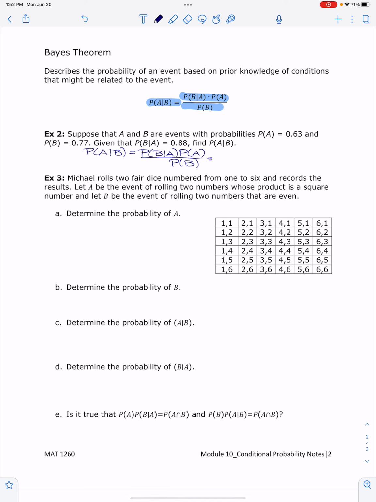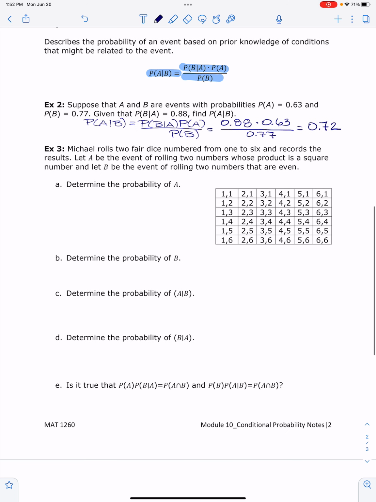So we've got the probability of B given A is 0.88. The probability of A is 0.63. The probability of B is 0.77. When we multiply the top two and divide by that denominator, we get a probability of 0.72.